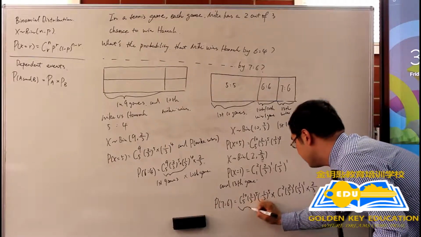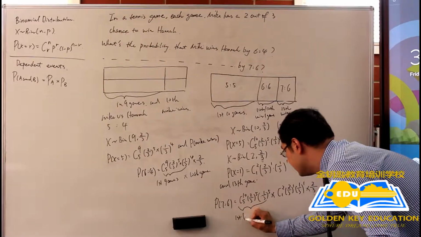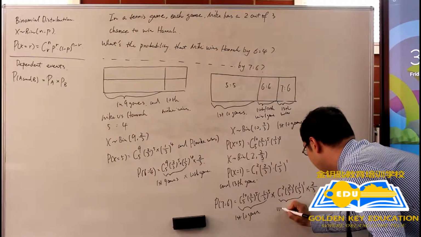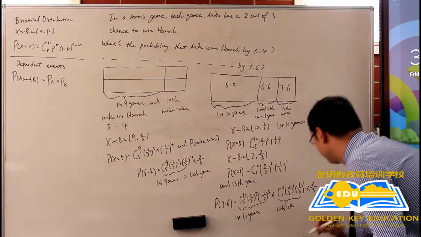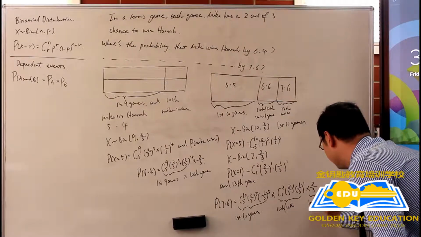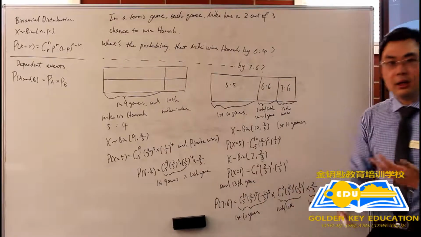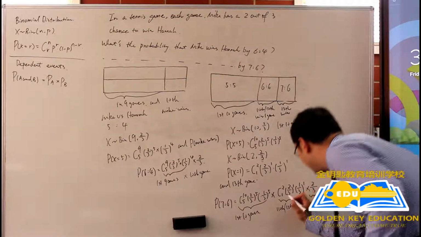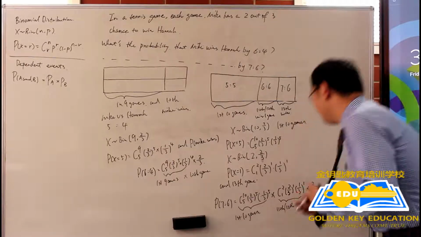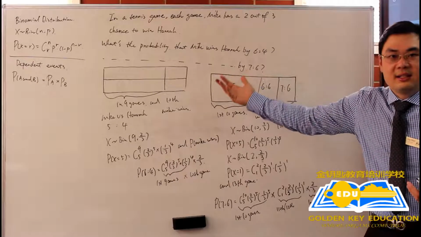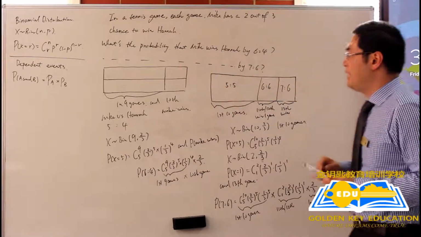This is the first 10 games, this is the 11th and 12th, and that's the last game. Okay, and then putting this in your calculator or using the binomial distribution to help you, you'll be able to find the probability for someone to win a tennis game 7 against 6.